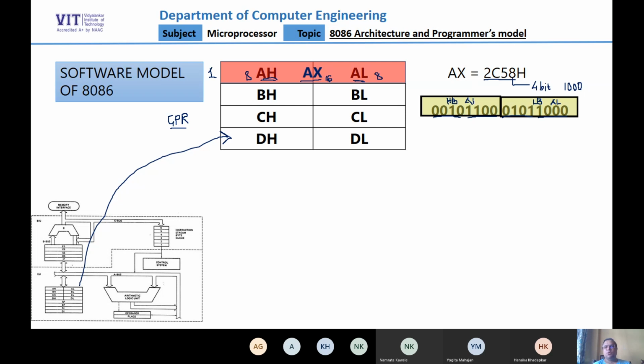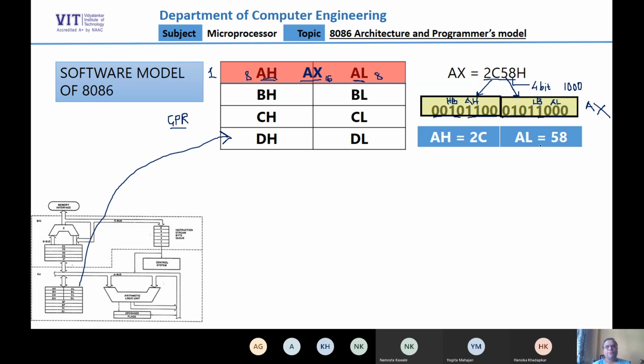So AH will hold 2C, and 58H will be stored inside AL, and together they will form a 16-bit number which is known as AX. So I can say AX is now storing the number 2C58H. Is this clear? The higher order part 2C is stored in AH, and the lower order part 58 is stored in AL.